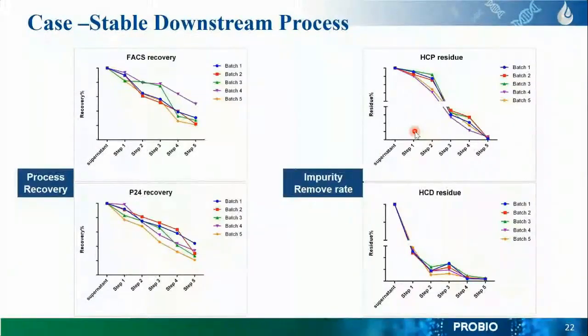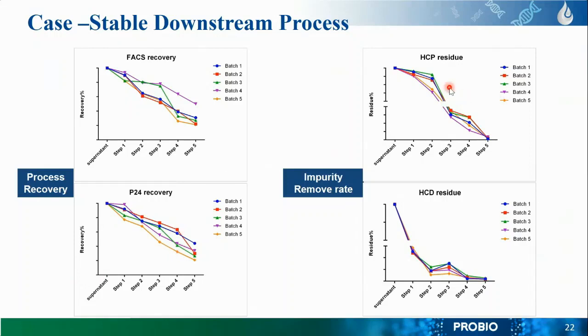There are a lot of batches we have done, and here is the recovery percentage we have when we have loaded the supernatant, and with step 1, 2, step 4, and step 5. So it's a good recovery when it comes to FACS, and it was measured by P24.